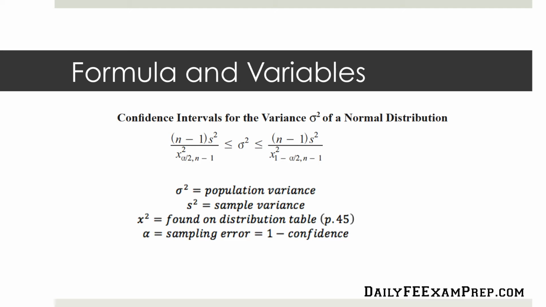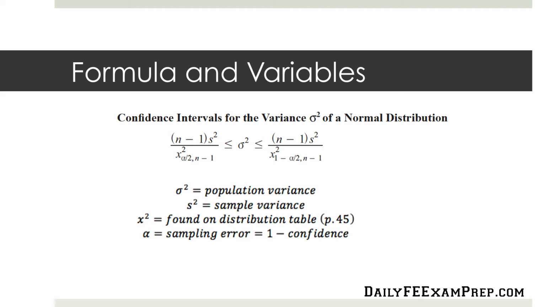The confidence interval for the variance, sigma squared, of a normal distribution is a two-sided confidence interval. So it's (n minus 1) times s squared divided by chi-squared of alpha over 2 and n minus 1.